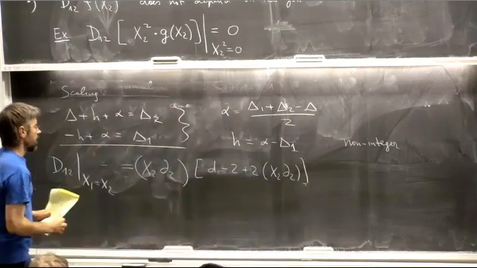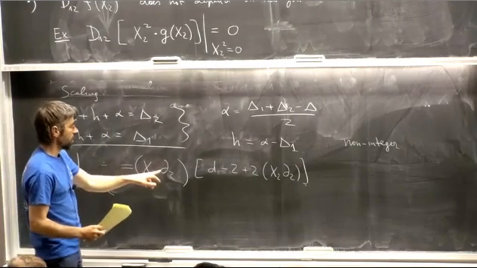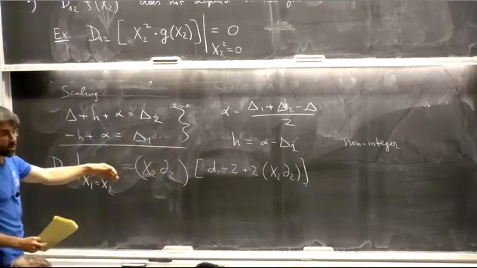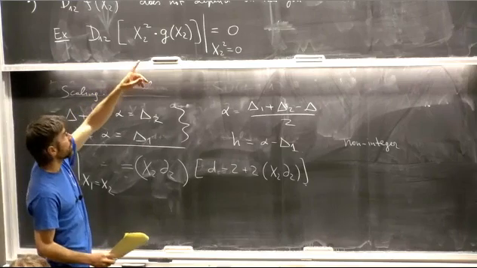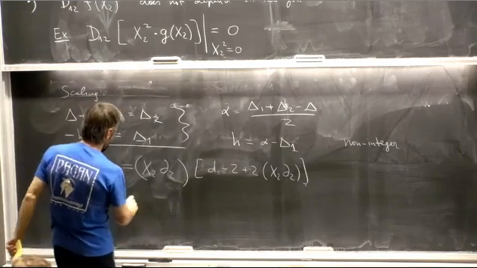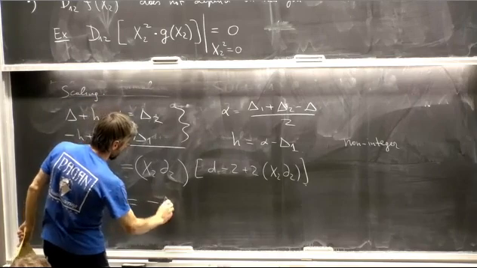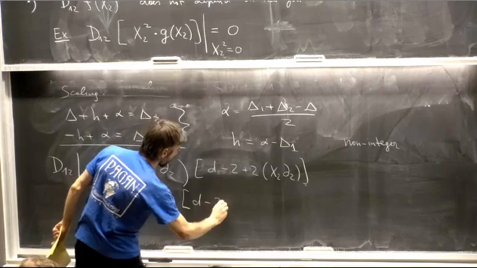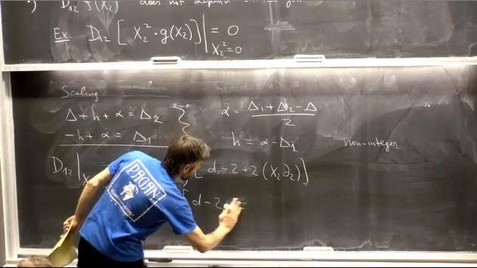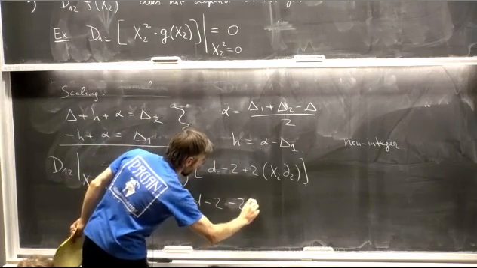And so if you take this operator x2 d2 and you act with it on a function which is scale invariant as O delta is, this gives you minus d minus delta times d minus 2 minus 2 delta.